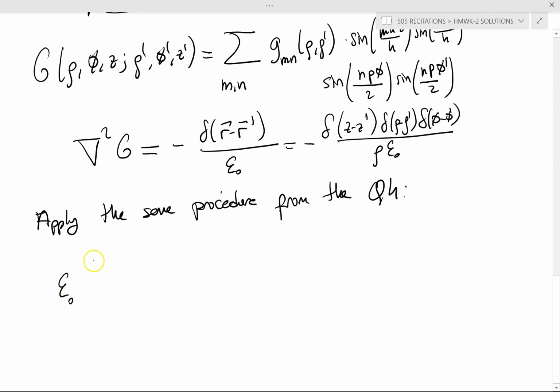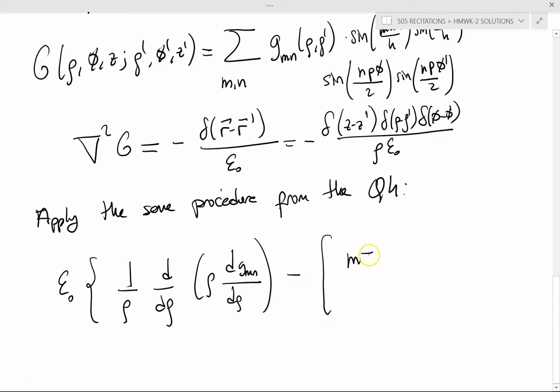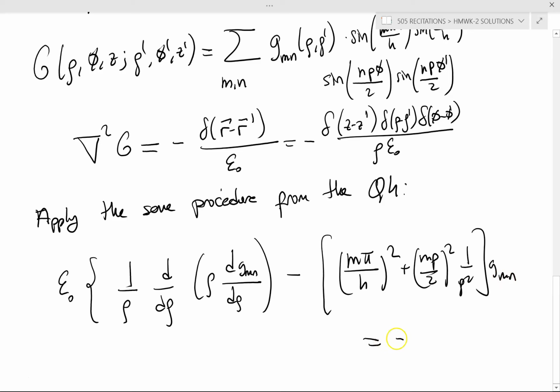E0 multiplied by 1 over rho d over d rho of rho d g mn d rho minus m pi over h squared plus m pi over 2 squared, 1 over rho squared g mn is equal to minus 1 over rho delta of rho minus rho prime.